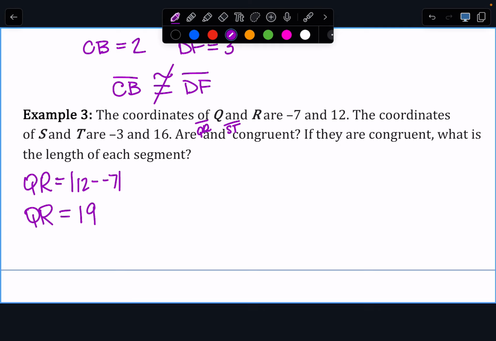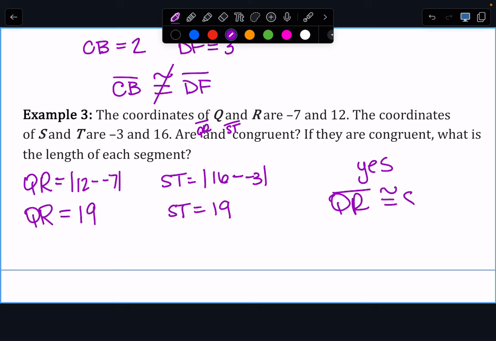And what about ST? 19. If we take 16 minus negative 3, we also get 19. So what's the answer to our question? Yes. We can handle that, right?